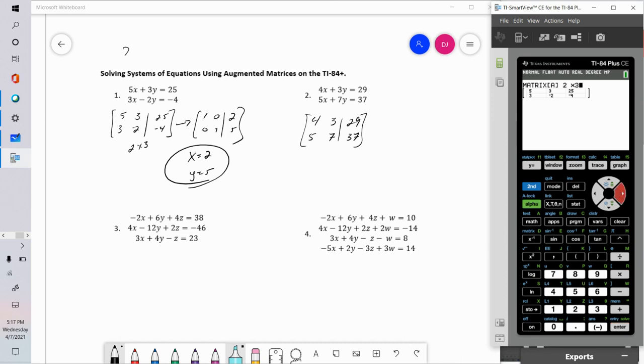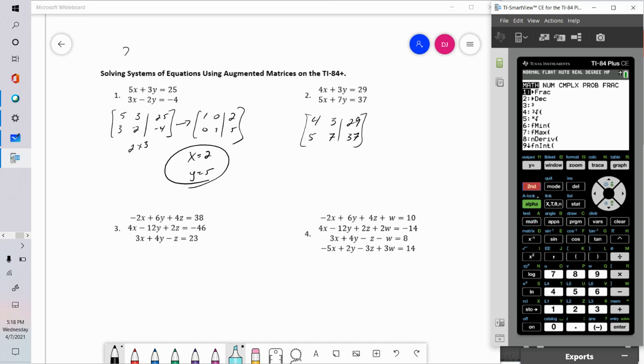I just keep using matrix A. But now my entries are 4, 3, 29. Forgot the 29. 5, 7, 37. Second quit.